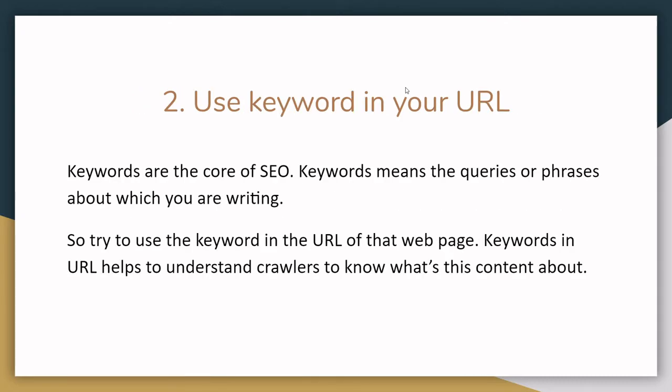Now, use the keywords in your URLs. Your URL is not changeable, so use the keyword with the main topic you covered in it. If you're using a core keyword in it, then your chances are higher that your content will rank on that particular keyword if you do perfect on-page SEO with this technique.